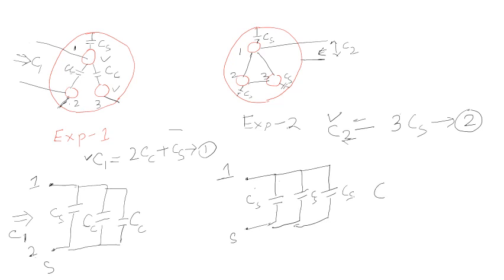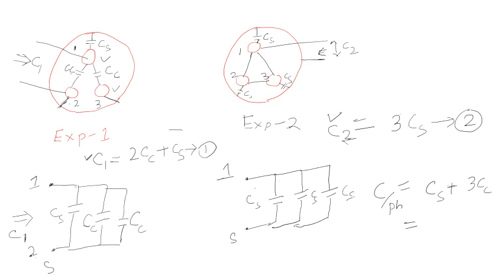You will get the value of C. The C per phase, which we calculated in the previous thing, was CS plus 3CC, right?